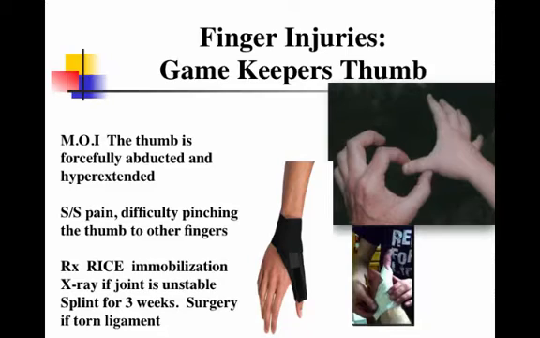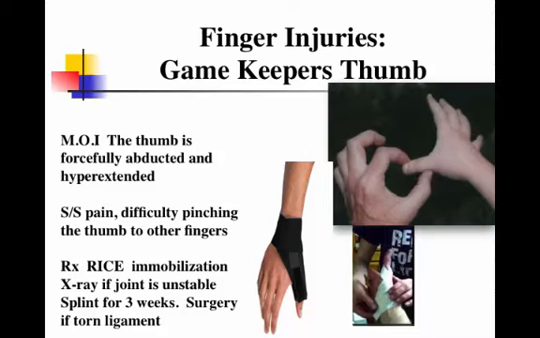Today, our athletes experience gamekeeper's thumb or a sprained thumb by a forceful abduction and extension of the thumb. Pain will be present, and the athlete may have difficulty pinching the thumb to the second, third, fourth, and fifth fingers.